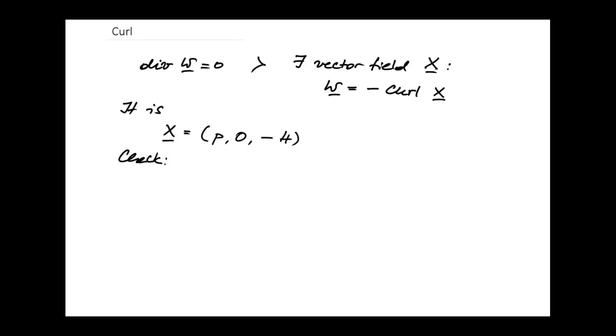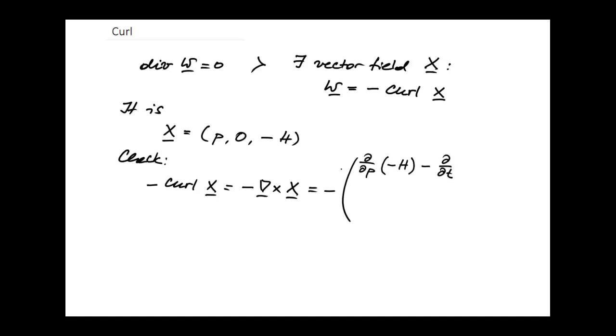We can check that minus the curl of X. This is minus. And then we have, for the first component, the partial with respect to the second component of the third component of the vector field X minus the partial with respect to the third component of the second component, which is 0.